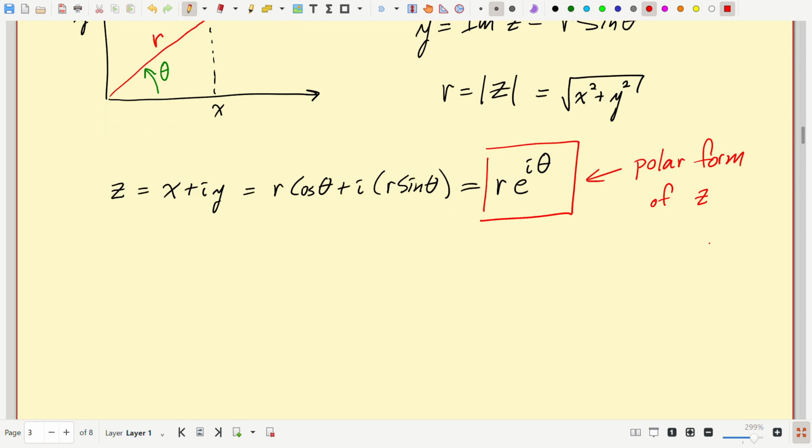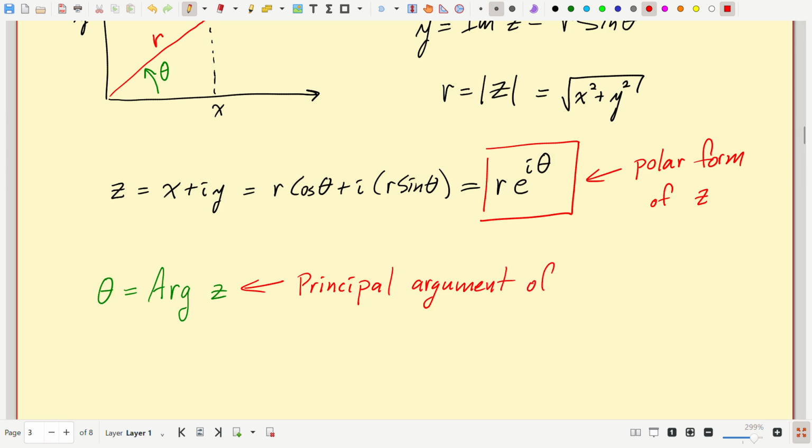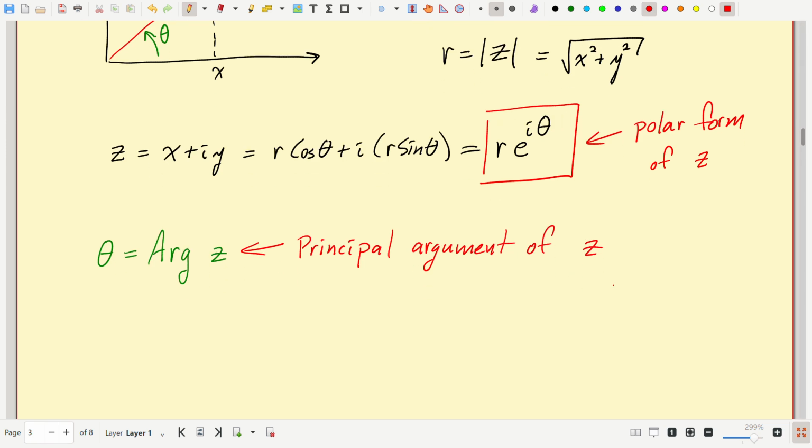I'm going to do that in a second, but I mentioned last time that everybody's favorite theta here is called the principal argument of z. That means I take the angle in that picture that's between minus pi and plus pi, and at the plus pi side I let plus pi win and minus pi lose.